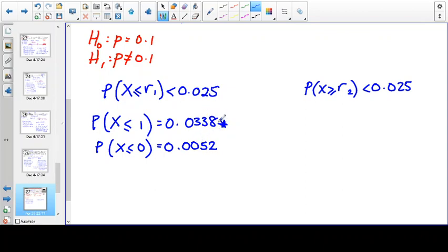So in this question, they want it to be close. For this other tail, remember we need to take it away from 1.